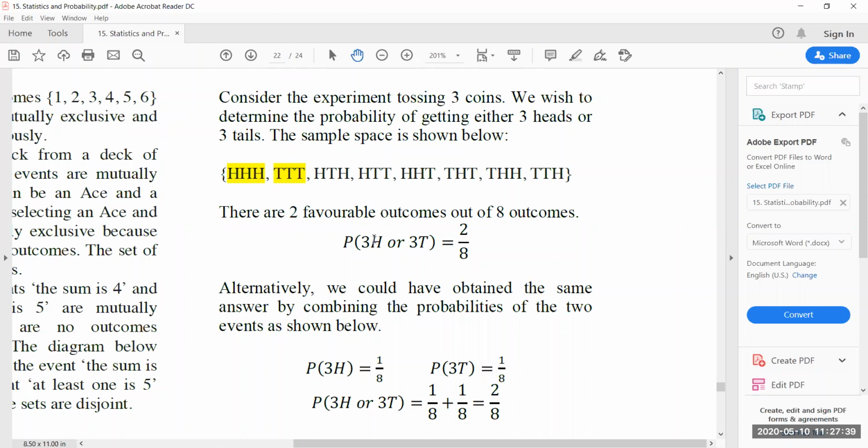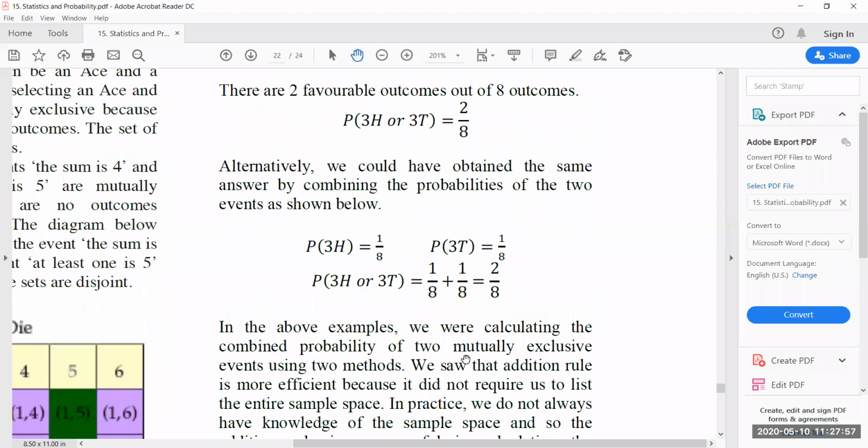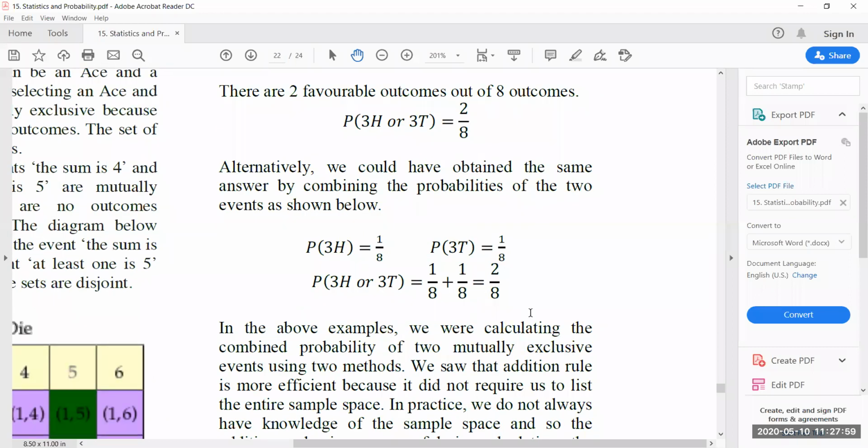So it will be P of H or P of T. How many times can we get 3 heads? 1 out of 8. And 3 tails? 1 out of 8 as well. So 1/8 plus 1/8 is 2/8, as you can see at the bottom here. Any questions?